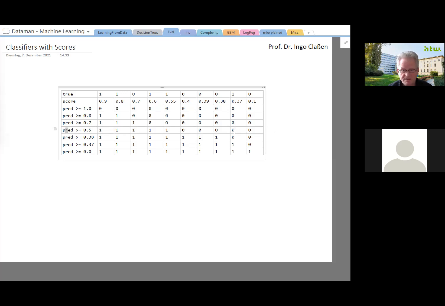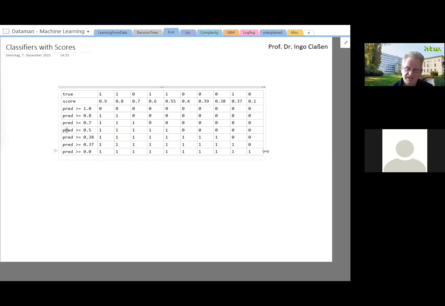That looks like this. But I can also adjust my threshold. If I find that with respect to precision and recall, this threshold might not be the best threshold, I might use a different one. For example, if I say everything that's greater or equal than 0 as a score, I predict as 1.